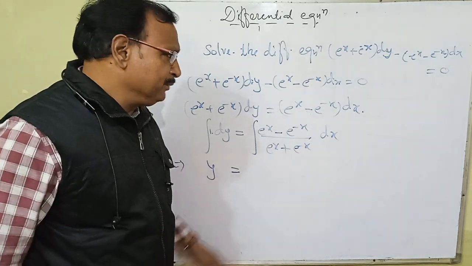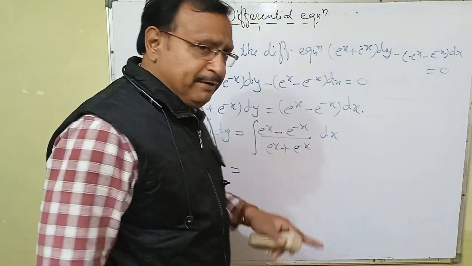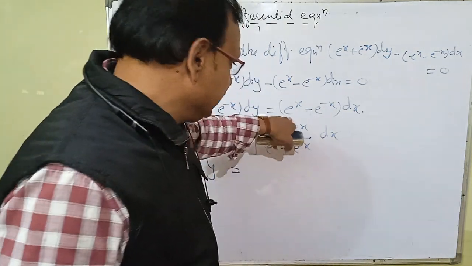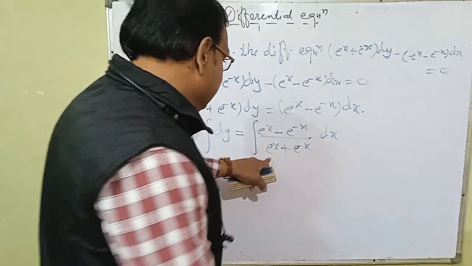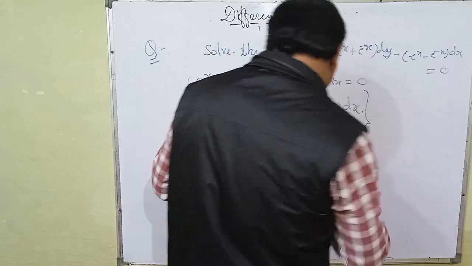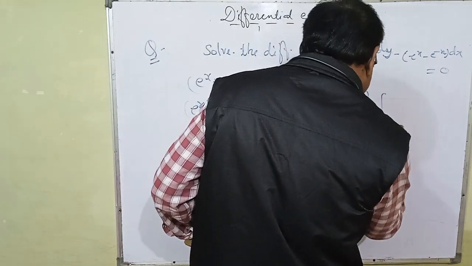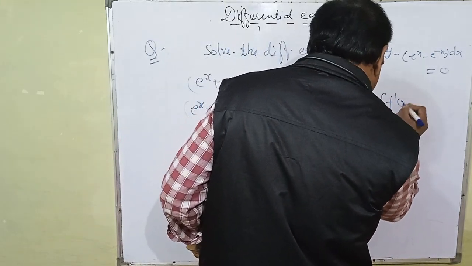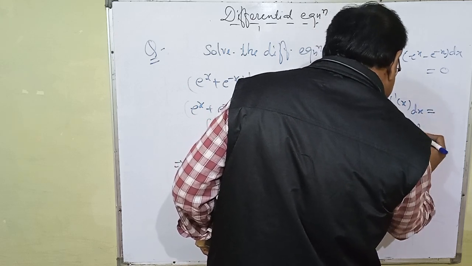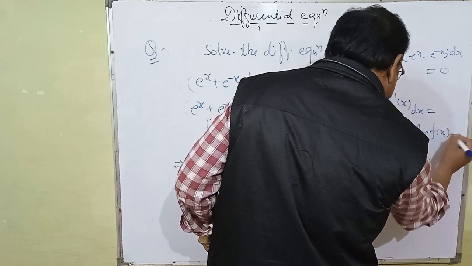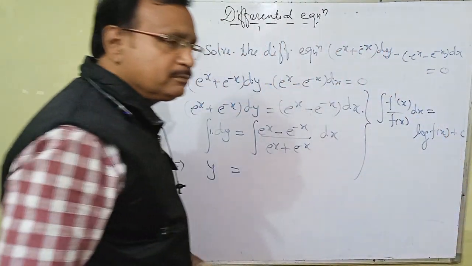Here we see that the differentiation of the denominator exists in the numerator. So then we see what is the form of this integrand. Integration of f dash x upon f x dx is equal to log of f x plus c.